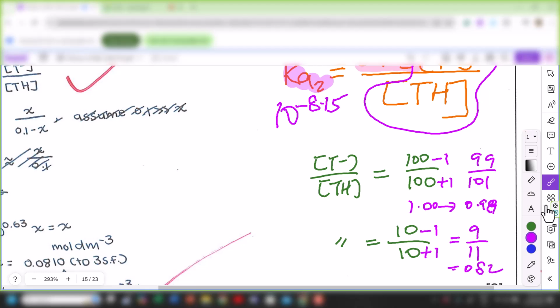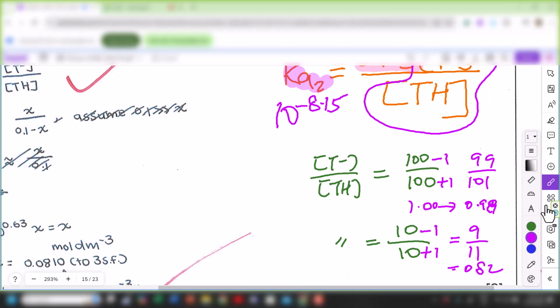I hope this is a good illustration for you. Although the ratio of the conjugate base to the acid is the same, both are 1, the one that is more concentrated has a stronger buffering capacity. Because if I add one equivalent of H plus, the more concentrated one only dropped by 2% in terms of ratio, but the less concentrated one dropped by 18%.